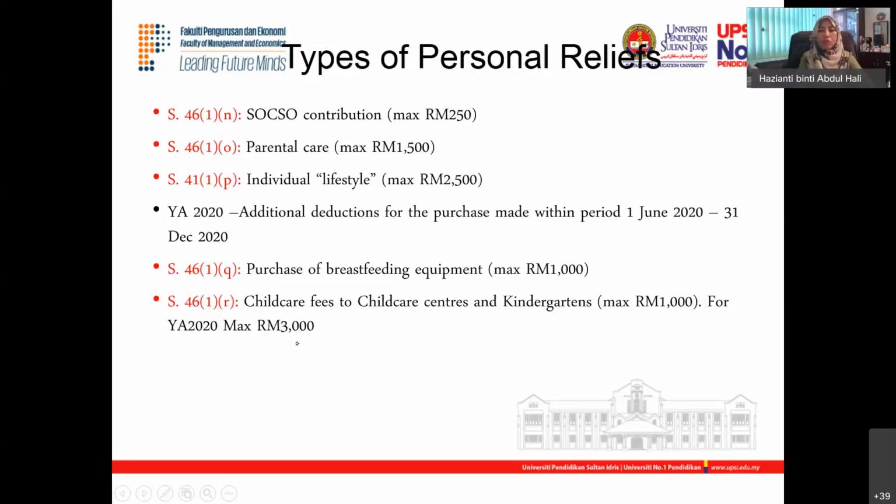In fact, in your My Guru portal tu, untuk tajuk ni saya ada supply a few, ada satu from Lembaga Hasil lah, the relief for year 2020. So dia agak berbeza dengan yang year before. But our question, I think so far yang saya bagi ada 2019 kot, 2020 belum ada lagi. So kita pakai relief yang lama. And I also share with you, ada lagi satu sheet dekat dalam tu.